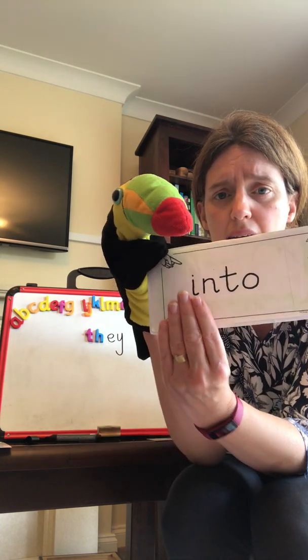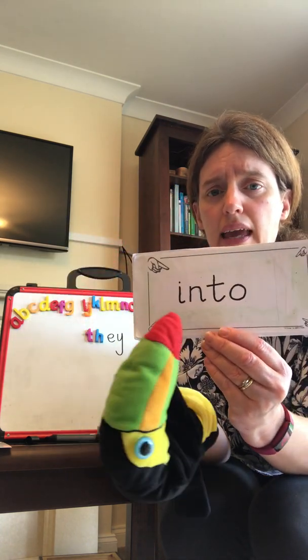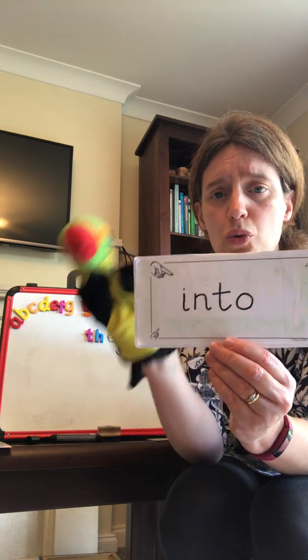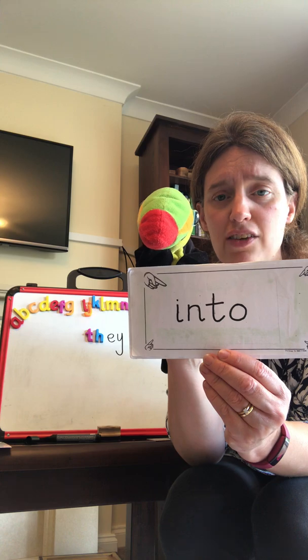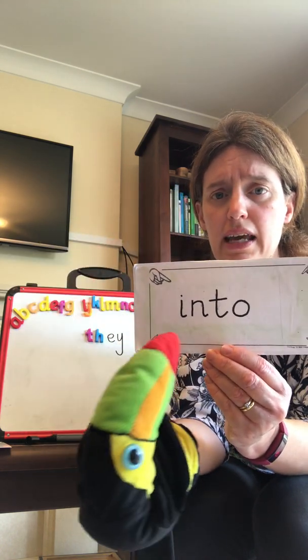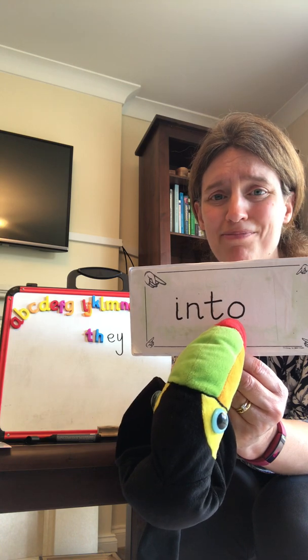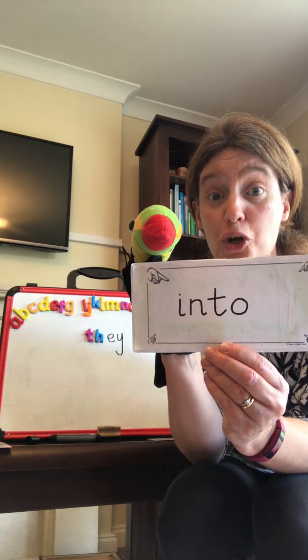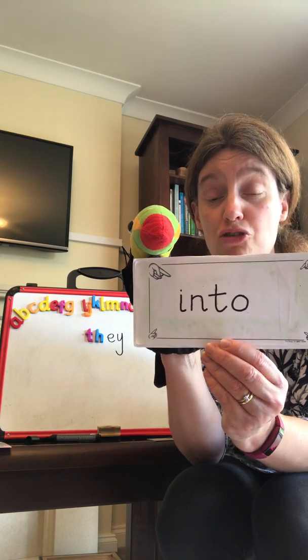Take my hand away. Into. Into school. Brilliant, Tricky Toucan. Well done. He's clapping because he thinks that's quite a clever word. Into. Brilliant, everybody. So that's a tricky word we can put into our tricky words.